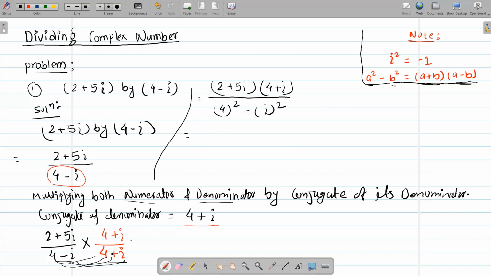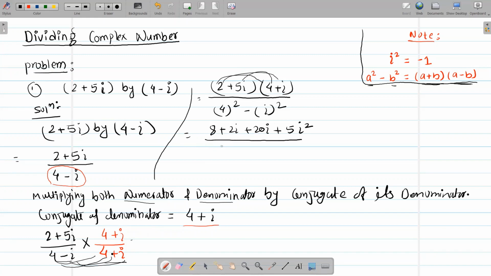Now you multiply each term. 2 times 4 is 8, 2 times i is plus 2i. Same way, 5i times 4 is 20i, and 5i times i is 5i square, right?